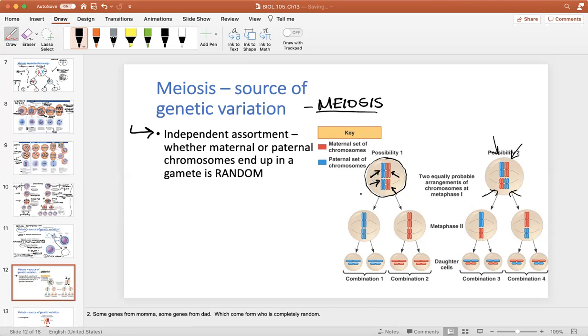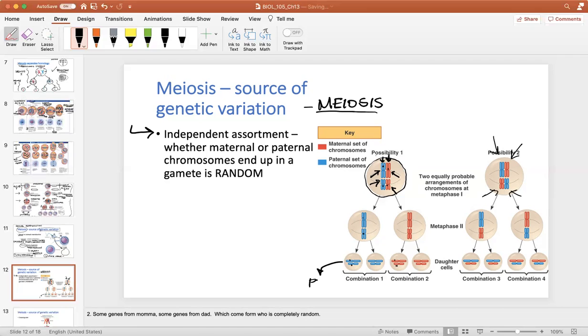When you get ready to have your own offspring and you're developing gametes, you may end up with a situation where, let's say that if the blue lines up on this side, blue, blue, and the red lines up on this side, red, red, then you could end up with 2 blue chromosomes, 2 blue chromosomes, 2 red chromosomes, 2 red chromosomes. So this egg cell is going to have nothing but paternal genes.